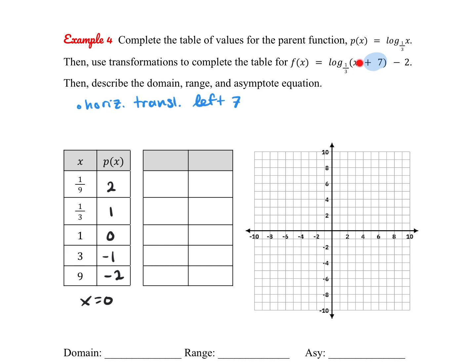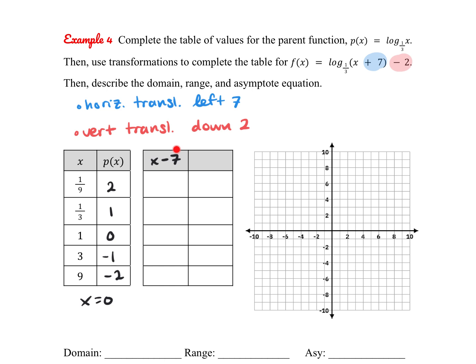Notice that it's grouped specifically with parentheses inside my logarithm, which is how I know it's horizontal. And then I have this -2 on the outside, meaning it will be a vertical translation, and that will go down 2. So if I want to shift my points, my coordinates, to the left 7, I'm going to subtract 7 from those x values.